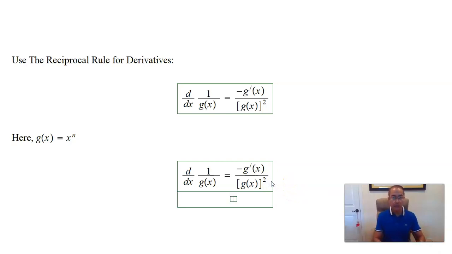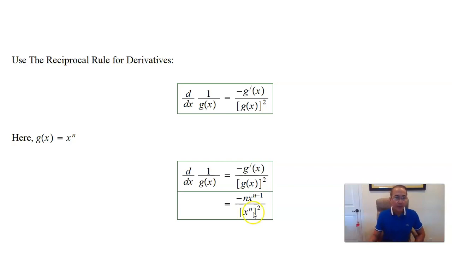According to what we have, g of x is x to the n. We know the derivative of g of x because we proved the power rule when n is a positive integer. So let me copy this down here, we will have negative n x to the power n minus 1. Okay? And then g of x squared will be x to the n quantity squared.